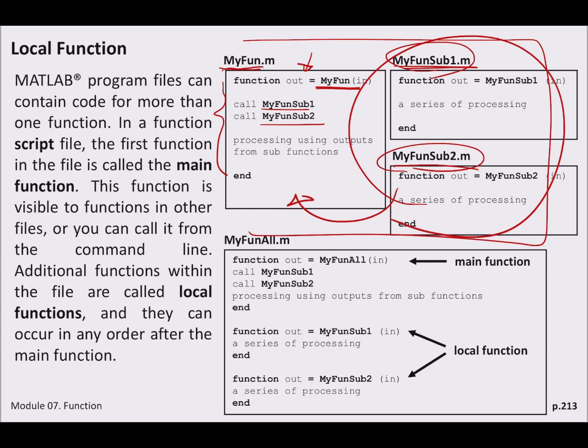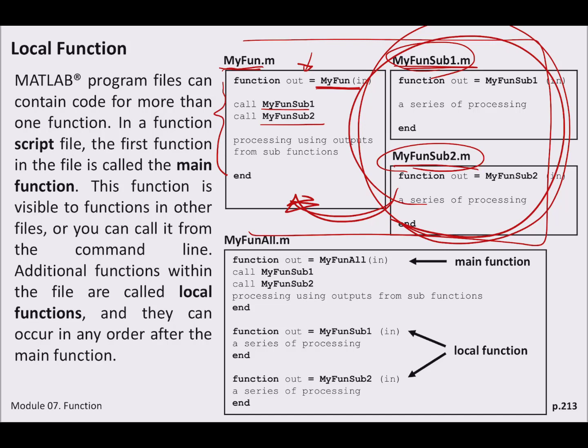If you think about each function having, let's say, 10 subfunctions, and you have to store these 10 functions in separate files, your folder will be very messy and complex. It's not easy to search for the right function. So it is reasonable to store these functions in the same file as the main function.